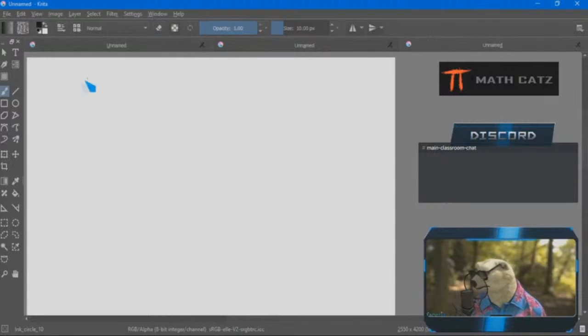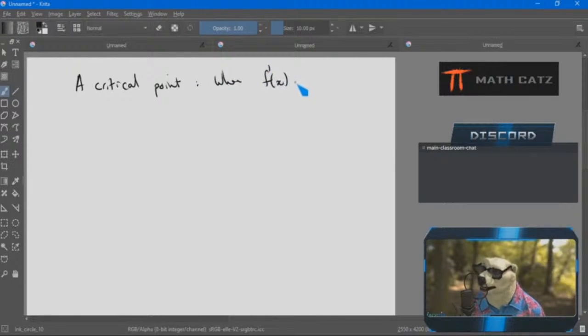So let me just classify that. A critical point, I won't be too fancy with this definition, is when my derivative is equal to 0 or my derivative is undefined. Undefined.